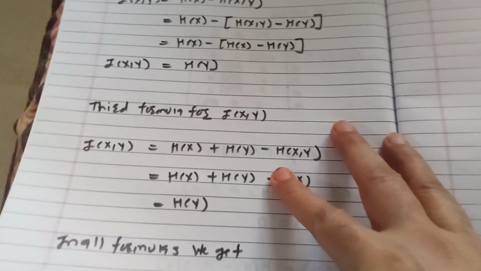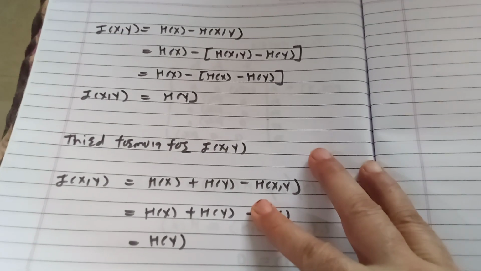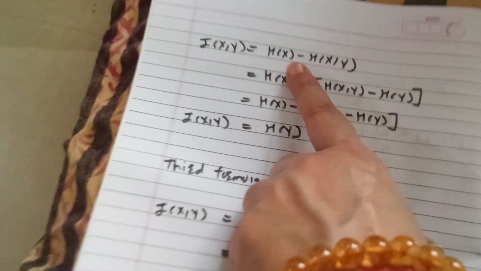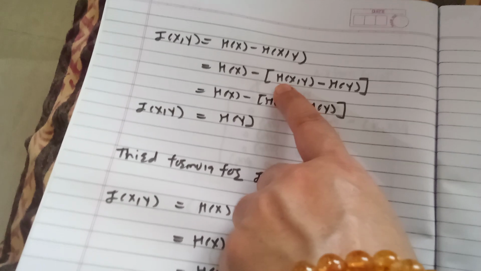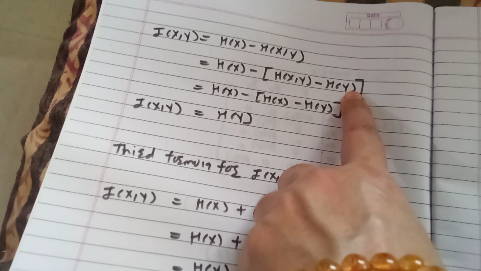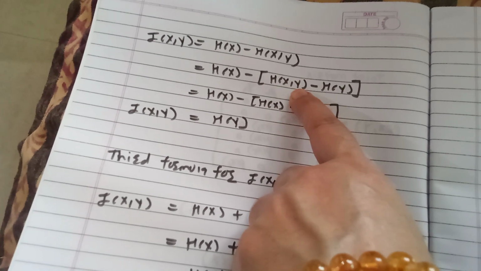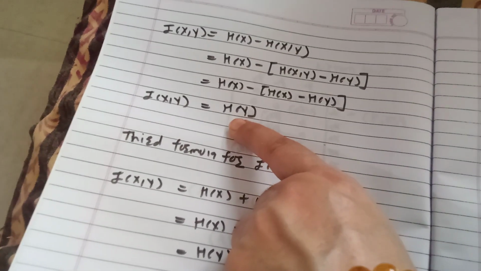There is another formula for I(X;Y), because you might get confused, or you might have the question whether this result will be applicable to all the formulas. So the second formula is I(X;Y) equal to H(X) minus H(X|Y). H(X|Y) can be written as H(X,Y) minus H(Y). You know H(X,Y) is H(X) for this case. So H(X) minus H(X) plus H(Y), so again H(Y).